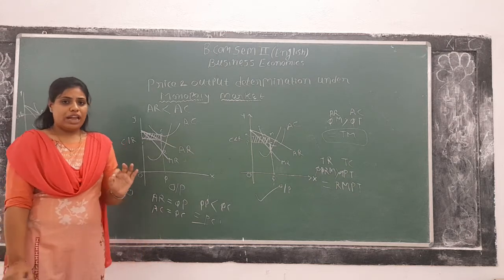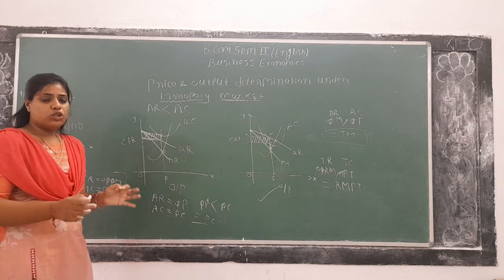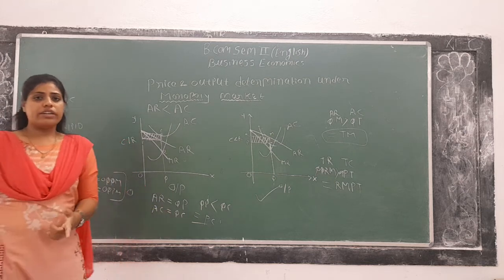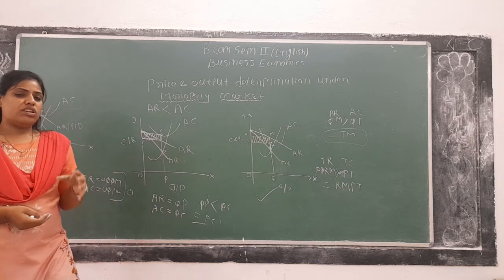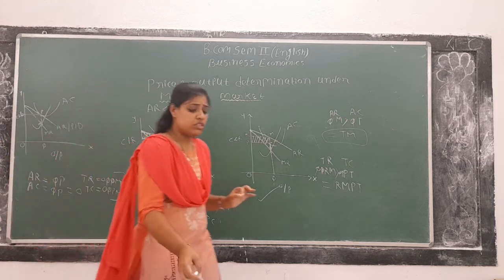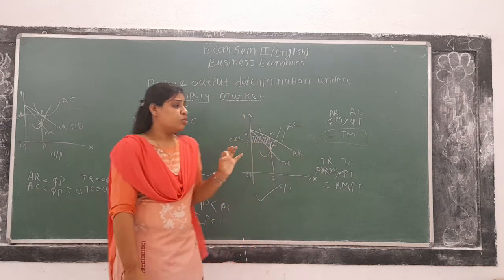Why? Because due to lack of competition, there are no competitors in the market, and in the long run production can be adjusted according to the demand, and that is why in the long run a monopoly firm is always going to earn the supernormal profit.